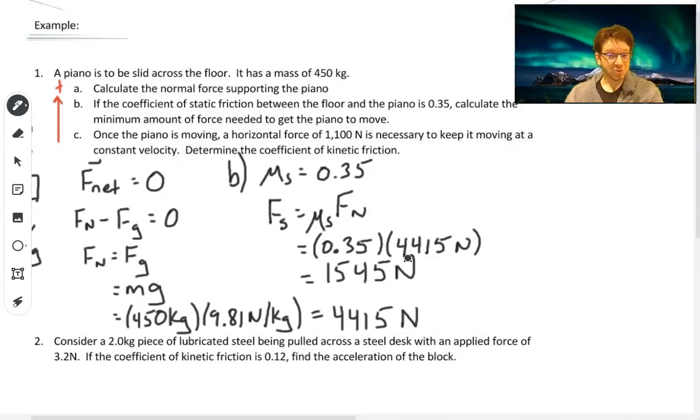All right, so that means you would have to apply an applied force of 1,545 newtons to get it to start to move.